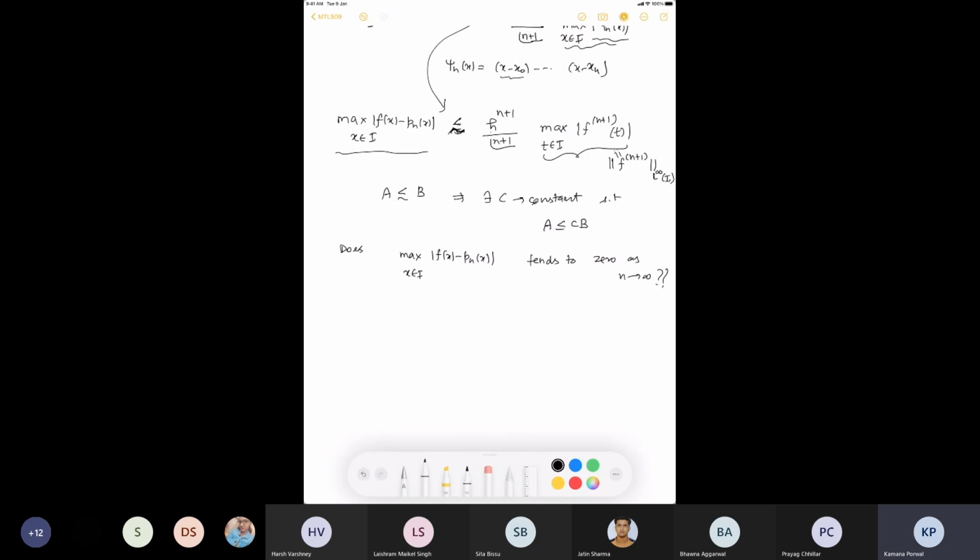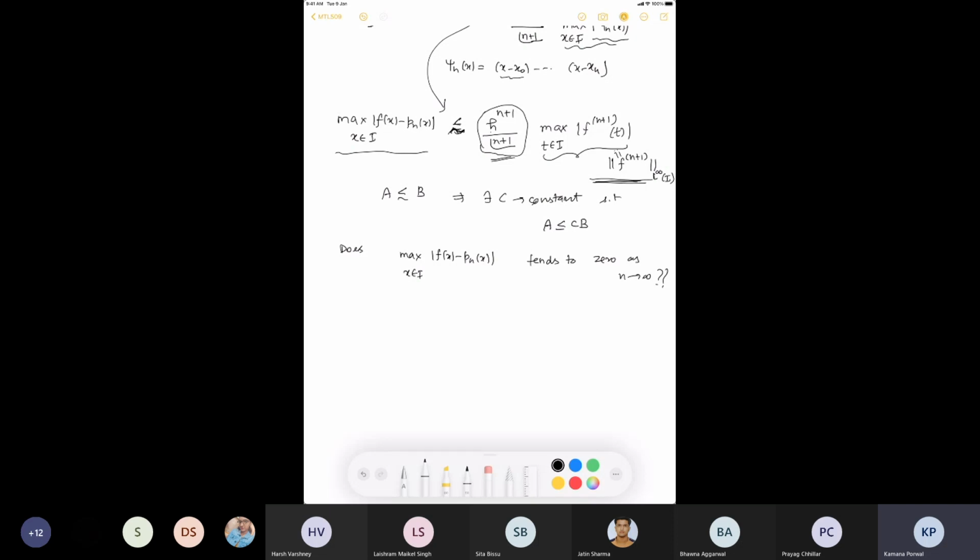Note that if n tends to infinity, of course you will observe that this term will go to 0, but it might happen that the n plus 1th derivative of the function grows, so that the total error might still be large. So h is not the only contributing factor here. You also have the n plus 1th derivative of f sitting here.